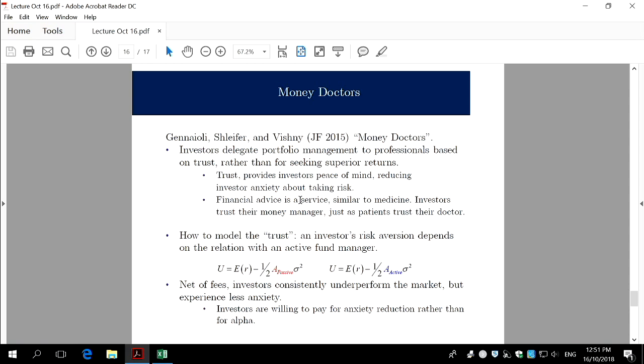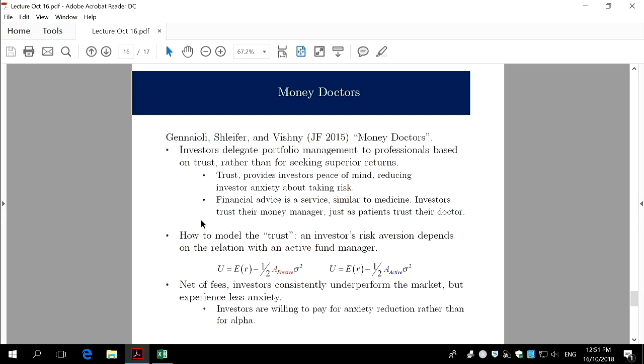Because this is a service, this is very much similar to medicine. So investors trust their money manager, just like patients trust their doctor. If you go to a psychology doctor, then the doctor provides you some advice, helps you feel better, then you pay them fees for their services.